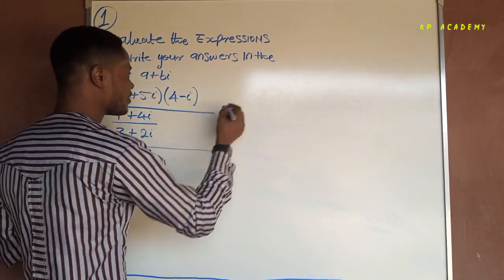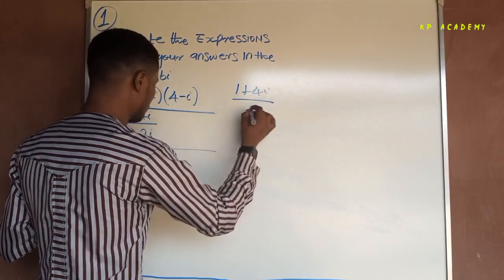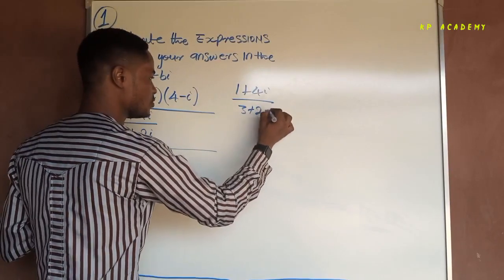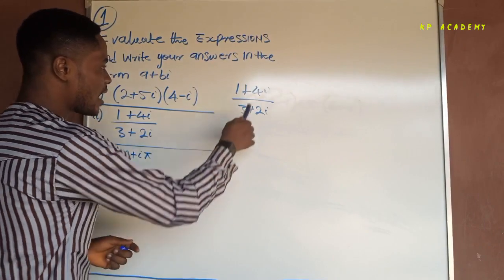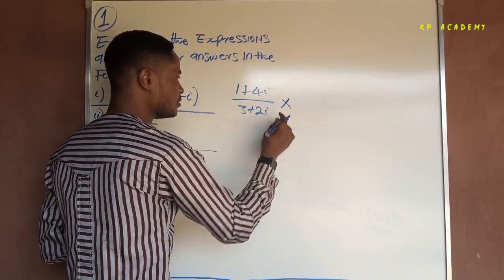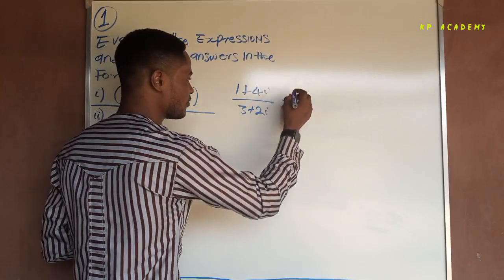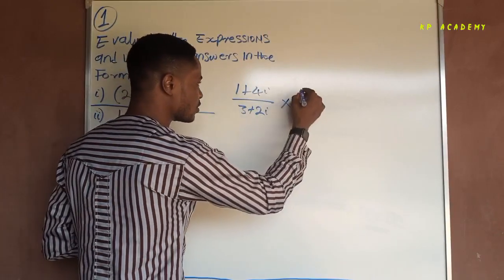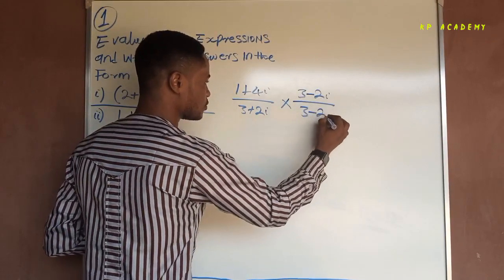Whenever I have a complex number like 1 plus 4i all over 3 plus 2i, how I'm going to tackle this problem is nothing but multiplying the numerator and the denominator by the conjugate of the denominator. Therefore, the conjugate of this denominator is nothing but 3 minus 2i all over 3 minus 2i.